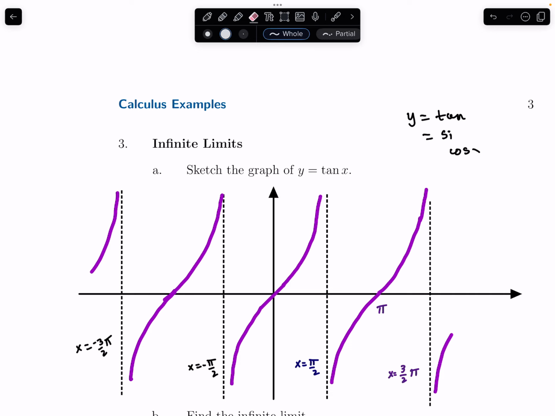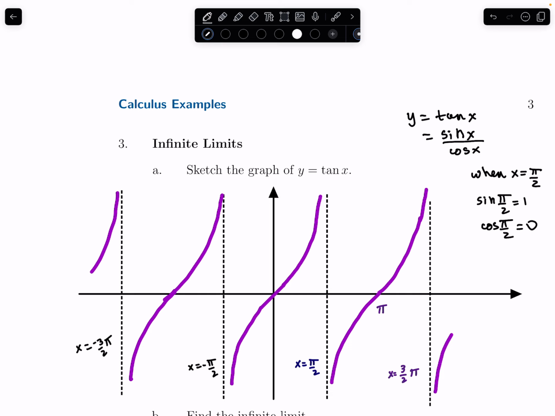And by the way, when x equals pi over 2, which is where we have at least one of the asymptotes, the first one to the right after the y-axis, we get that sine of pi over 2 is equal to 1, cosine of pi over 2 equals 0.